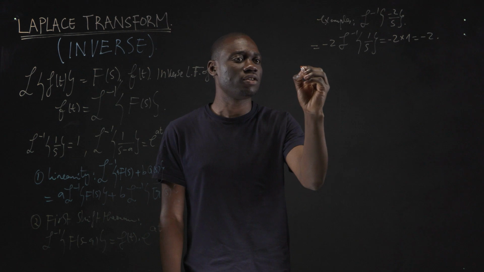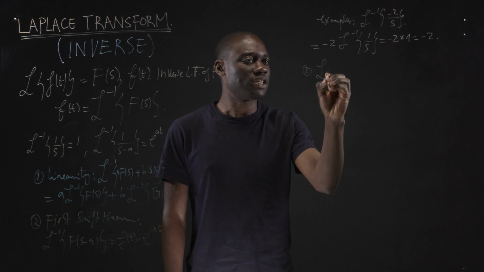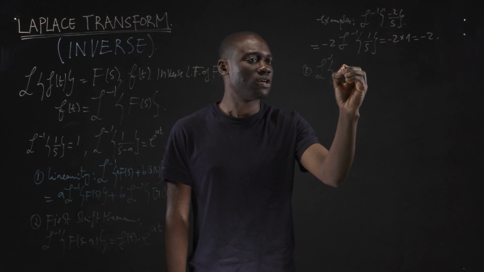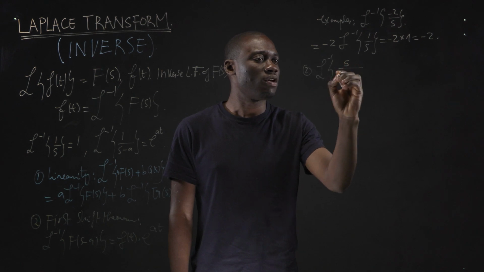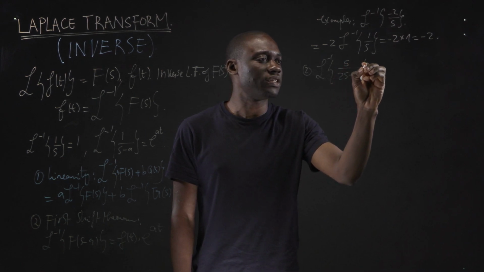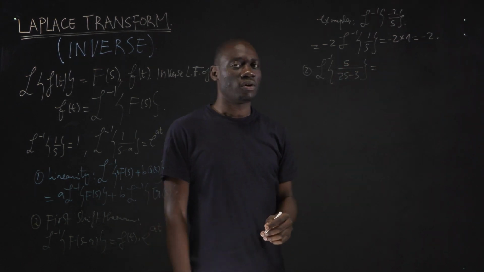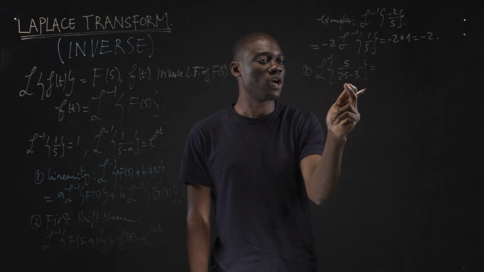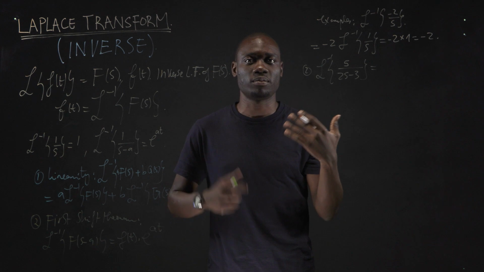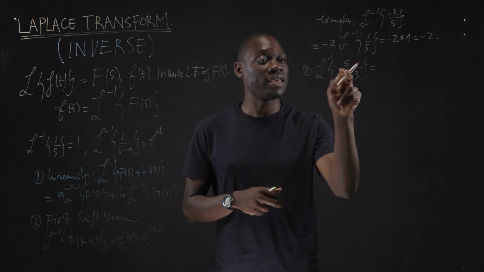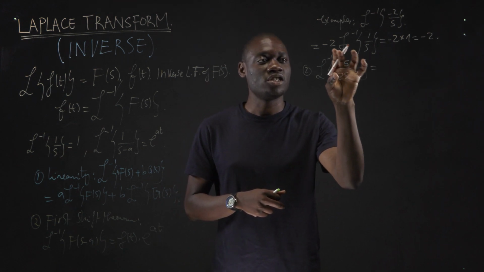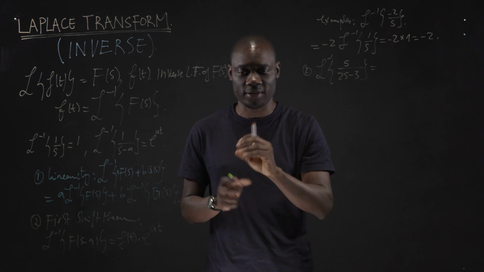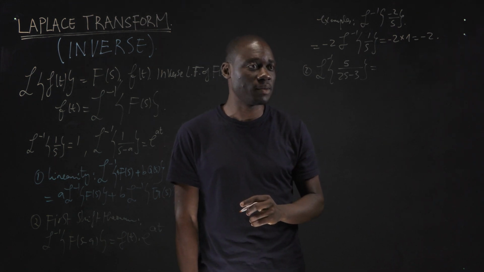Now, second example, find the inverse Laplace transform of 5 over 2s minus 3. Okay, so when I look at this, I realize that 5 over 2s minus 3 is not in the Laplace transform table. So I have to apply again some manipulation here in such a way that I can have a standard function as given in the table.